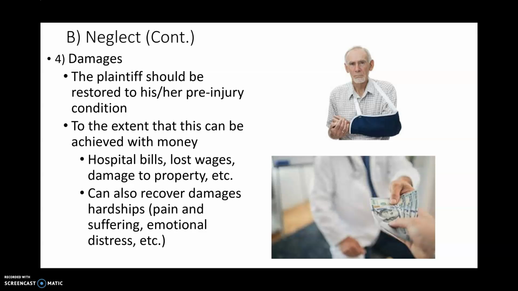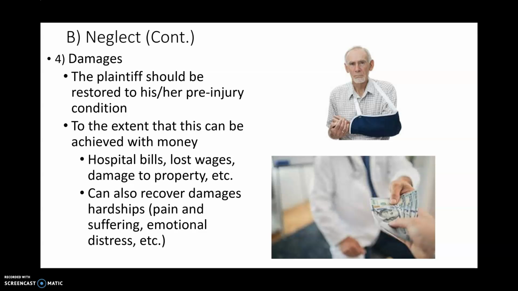If the person can prove that after this accident and injury they are so scared to get back into a car that they can't go to work, that can be considered pain and suffering. That can be emotional distress. You might be liable for paying for that person who would have gone to work but is now so emotionally distraught that they can't go into work. You might be responsible for paying for what their income would have been. Like I say, this can get into a gray area and take a bunch of different routes, but all of these are considered the damages to make someone whole again after negligence.